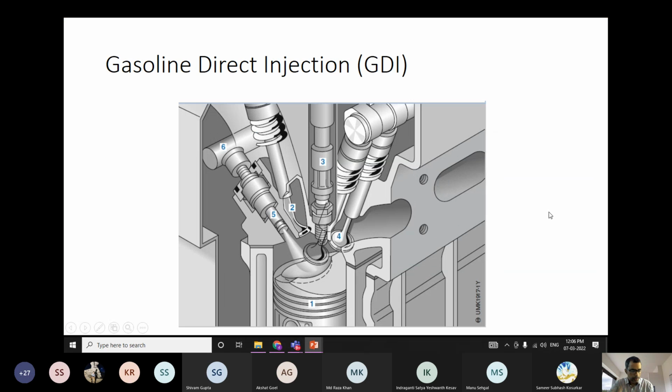Okay, so we are discussing the fuel injection system in SI engines right now, and after that, we will discuss the CI engine.